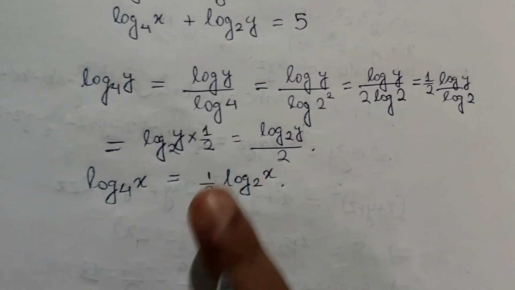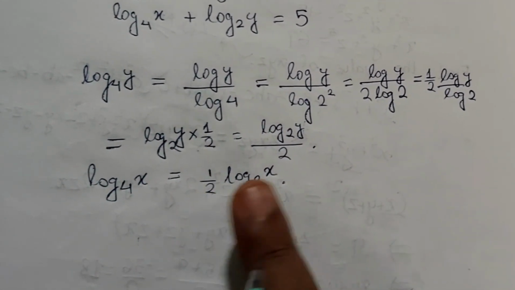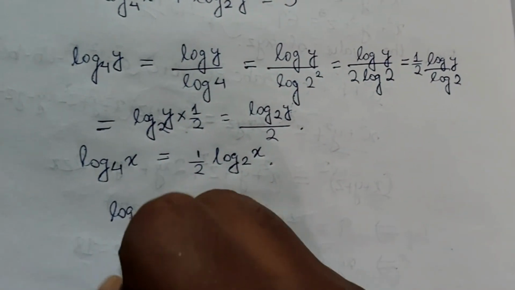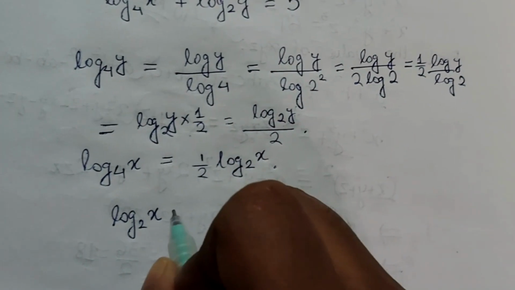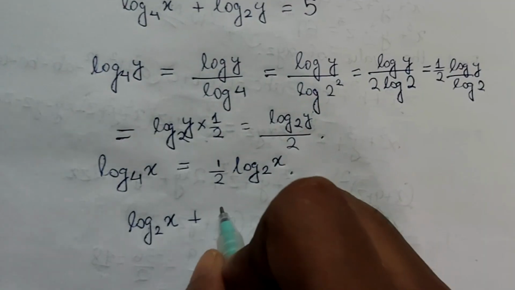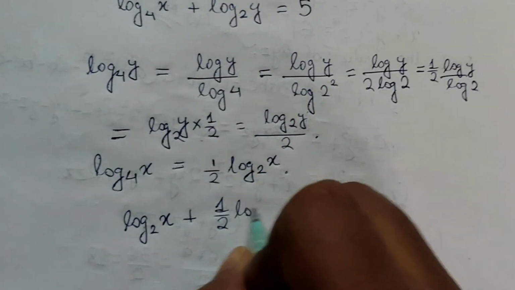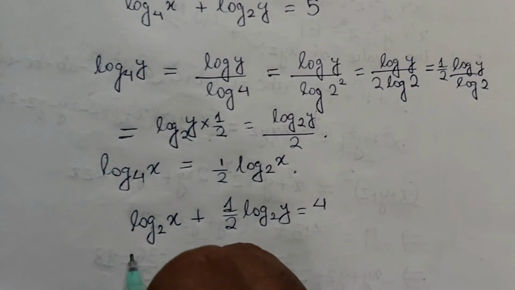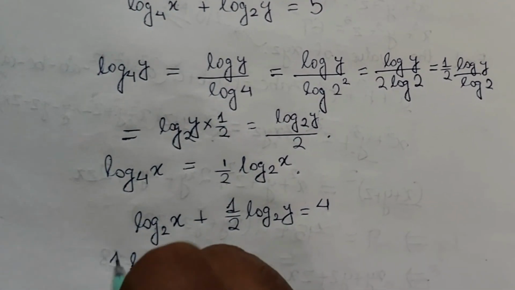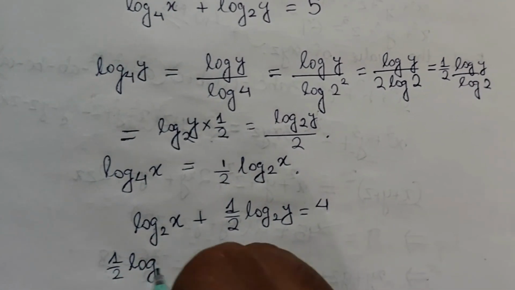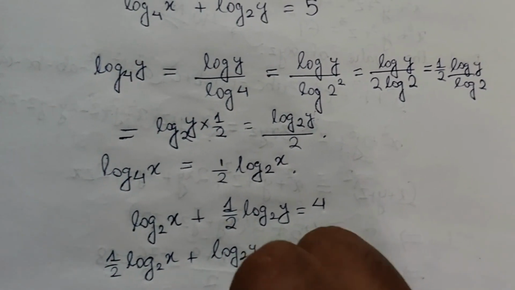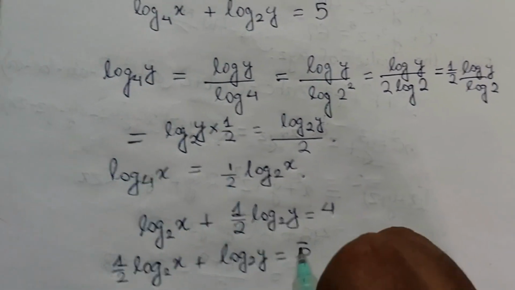So now that we have converted both these log base 4 terms into log base 2 terms, we rewrite them in the equation. So now we get log base 2 of x plus half of log base 2 of y equals 4, and similarly, half of log base 2 of x plus log base 2 of y equals 5.